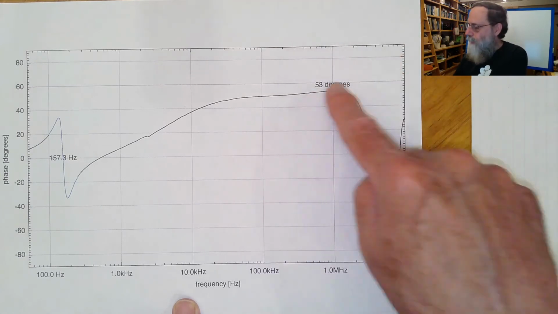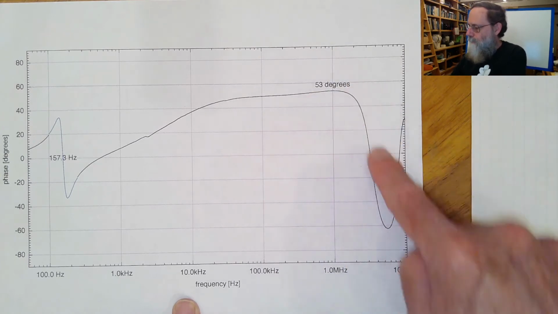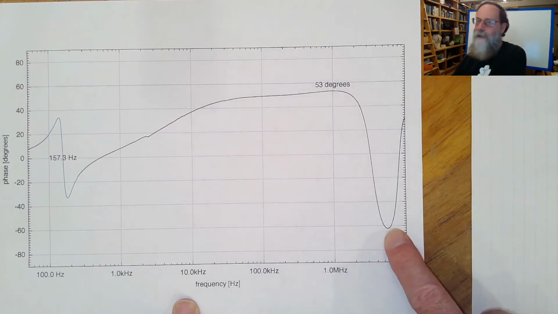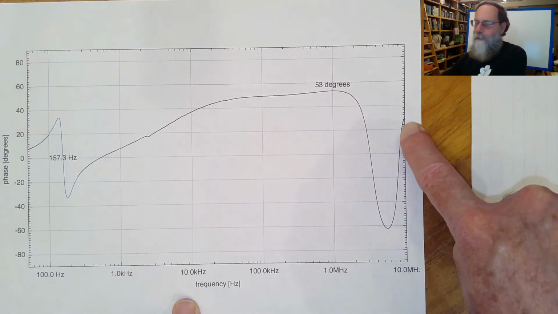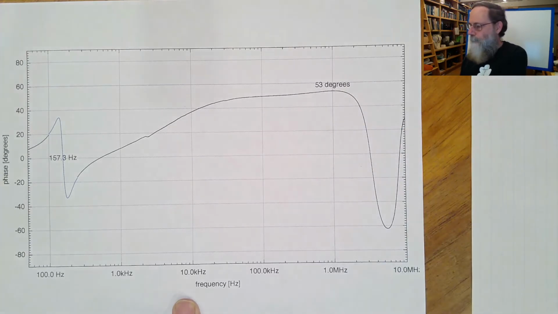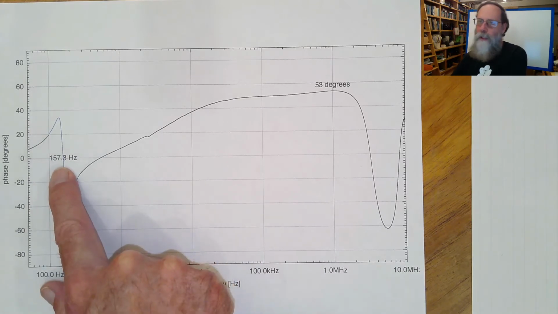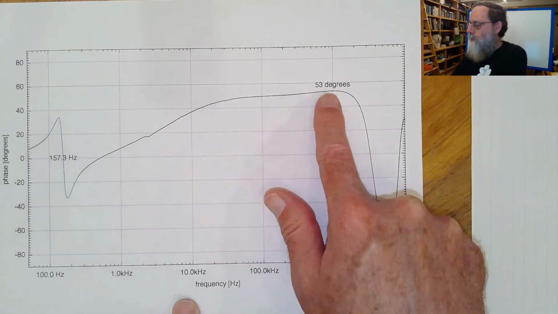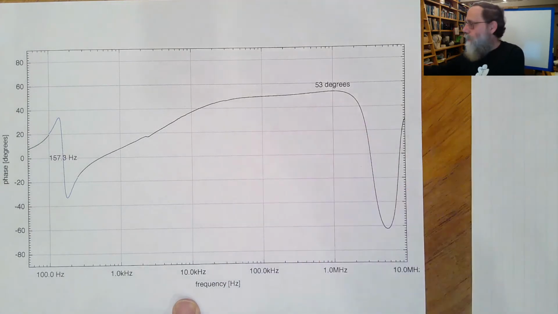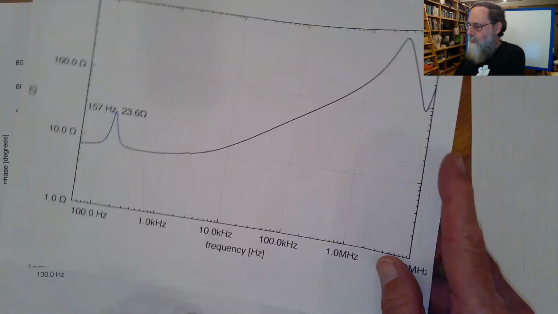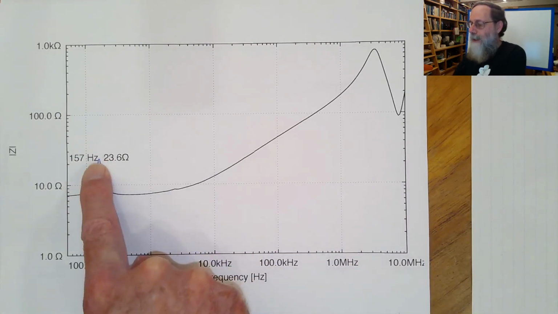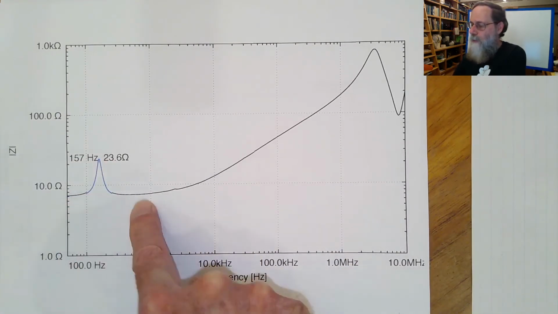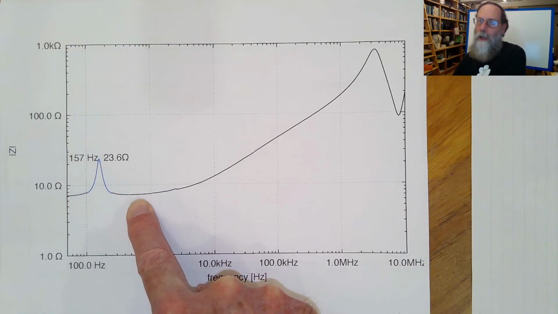And then there's the resonance and secondary weird resonance up here near 10 megahertz. The important parameters for us are going to be what's the frequency of the mechanical resonance, what's the maximum phase we get to, going back to the magnitude plot, how big is the magnitude here, about what is the resistance here at the bottom part.